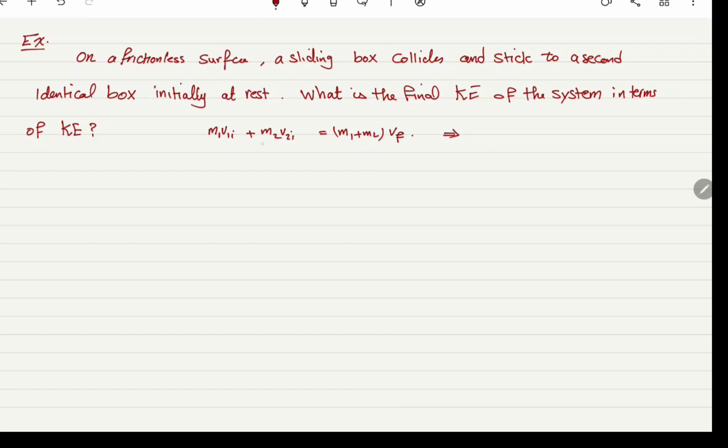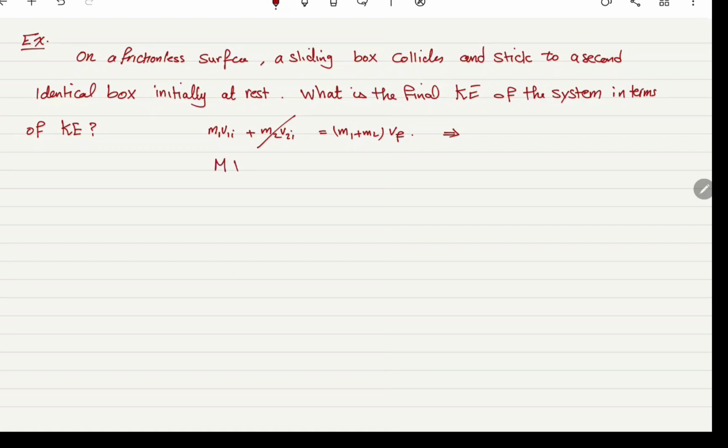The other box is initially at rest and the boxes are identical, which means m v1 initial equals 2m v final, or the masses cancel out, and v final equals half v1 initial.